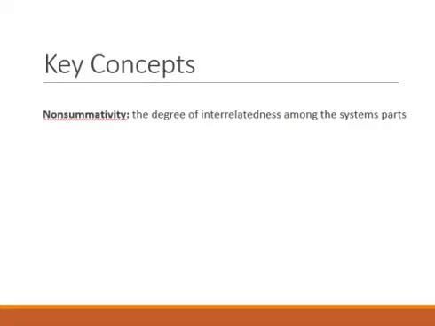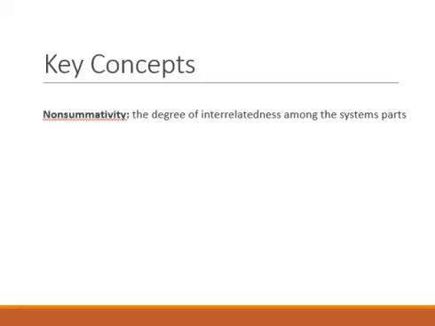Some key concepts, or really the one that's really big with this, is non-summativity. It's the degree of interrelatedness among the system's parts. The higher the degree of non-summativity, the greater the interdependence of the components.